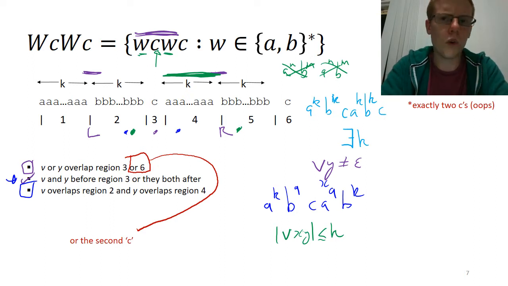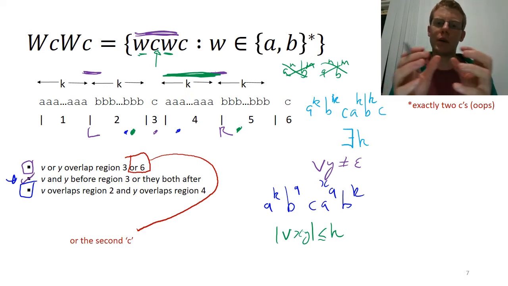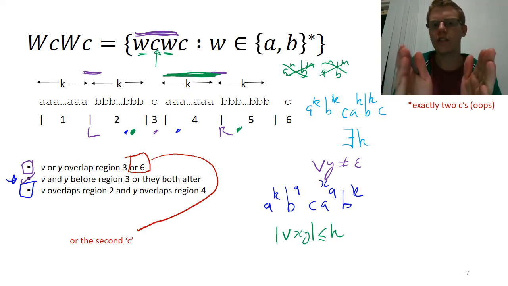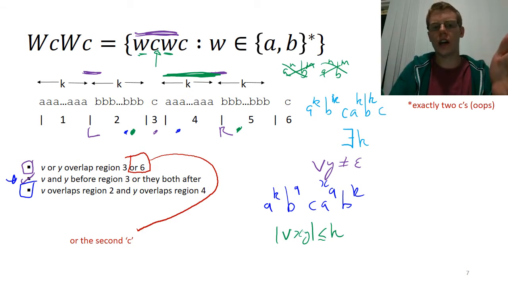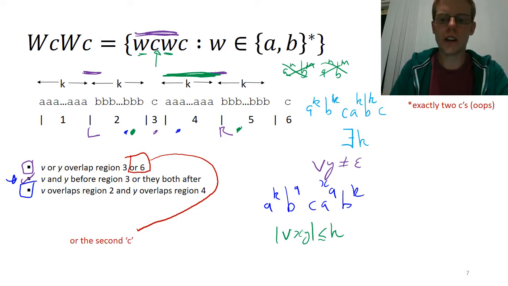That's one of the reasons why we usually pick regions to be of length k, because we know that the section that we're pumping has to fit into one block of k characters. So we obviously can't have something on either side of a region that is k characters long. So for the same reason, we don't have to worry about the case where V is in 1 and Y is in 4, or where V is in 1 and Y is in 5.